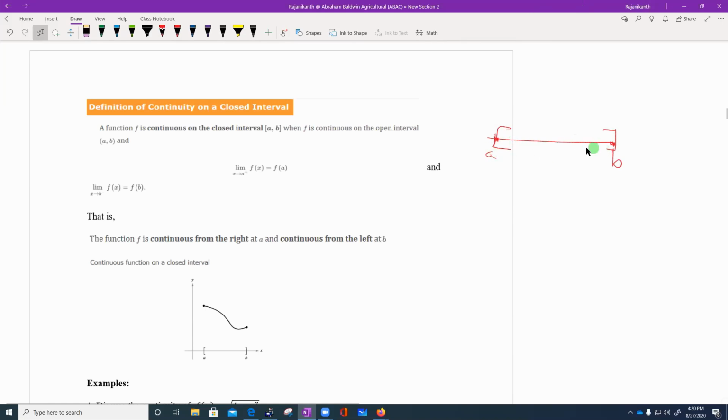Therefore, we need to check only the right limit at A and the left limit at B. That is why, if you look at these two values, we are only interested in the right limit at A, which should be the function value f(a), and the left limit at B should be the function value f(b). So if you have these two conditions and the function is continuous inside the interval, that means the function is continuous everywhere, including A and B.